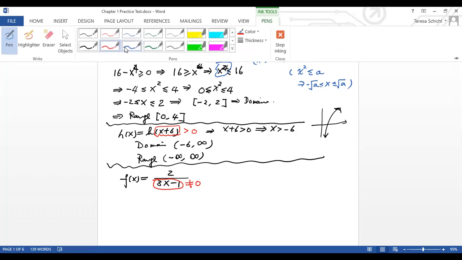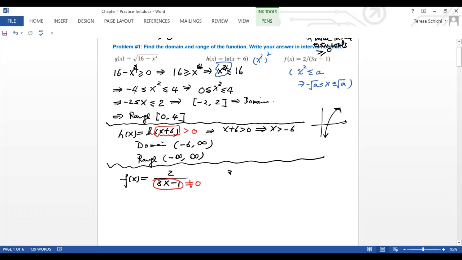So let's take a look: 3x minus 1 equal to 0. What is my x here? x equal to 1/3, right? Because this cannot be equal to 0. That means it is all real numbers except this point. You can be here, you can be here.